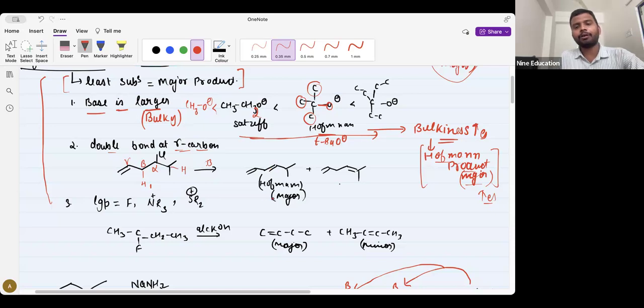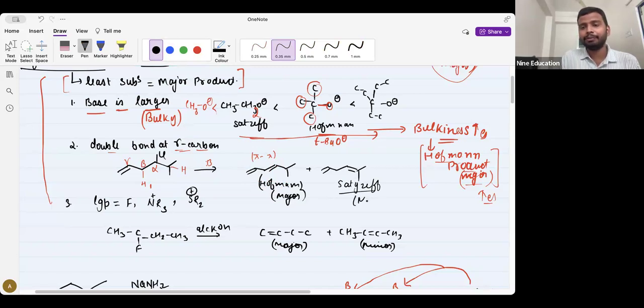Understand? So why is it making this Hoffman product? Because you have here conjugation, pi conjugation, pi का conjugation है. Therefore this Hoffman product will be made. And here no pi conjugation is there, but you have the Zaitsev product. पर ये तो Zaitsev है, पर pi conjugation नहीं है.